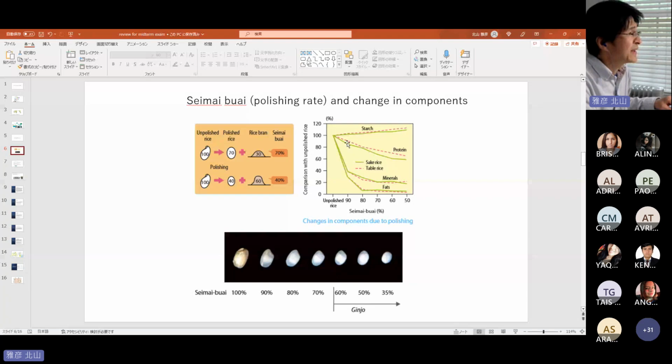Protein, only 10% can be discarded at a polishing rate of 90%. So fat can be discarded very efficiently by polishing.